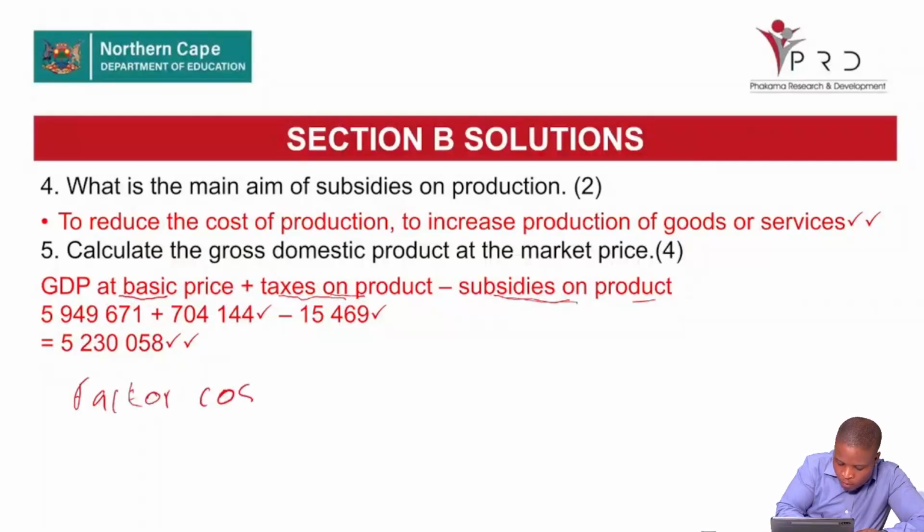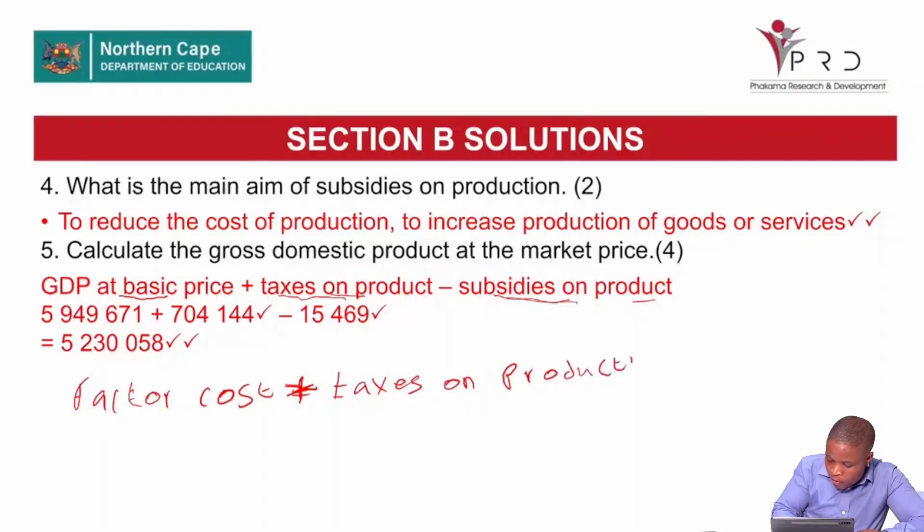If we had to move from factor cost to basic price, we will say factor cost plus taxes on production minus subsidies on production.